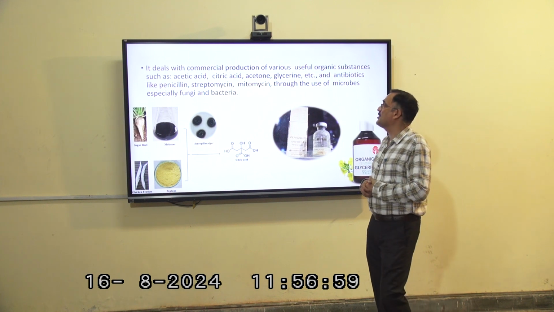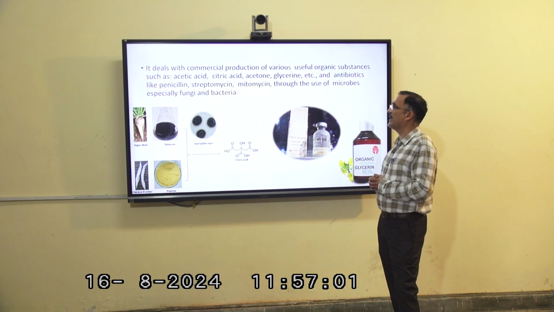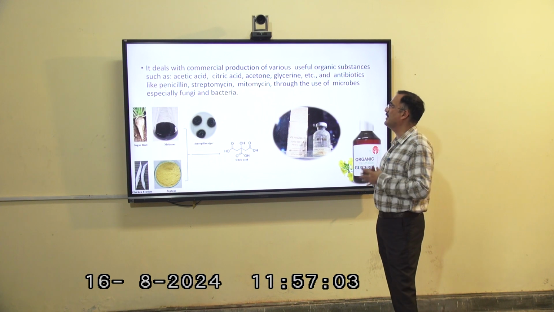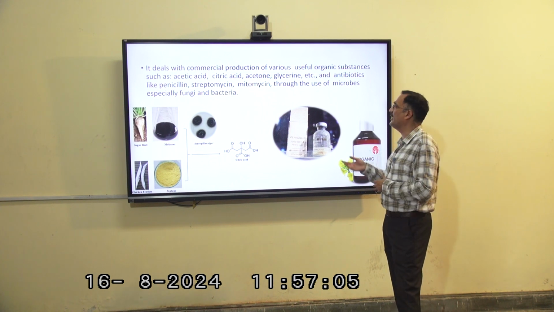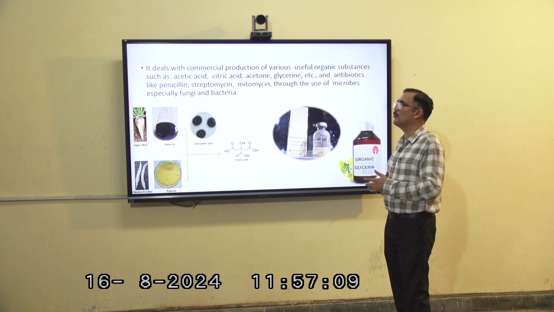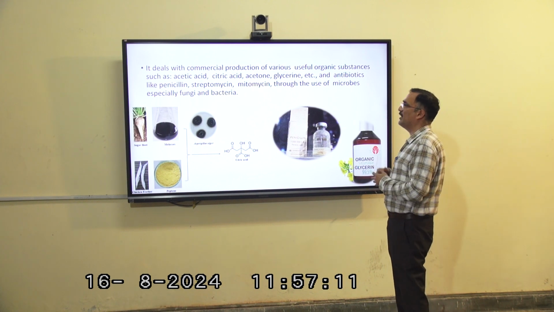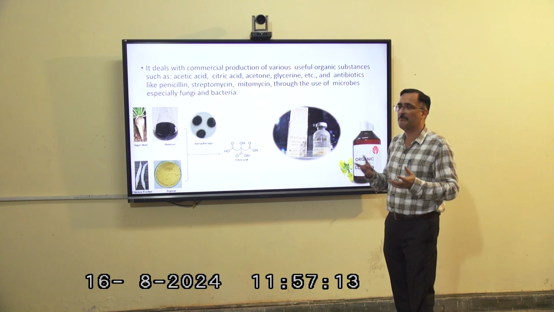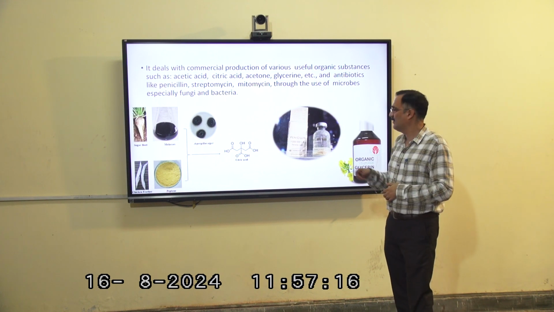It deals with the commercial production of various useful organic substances like citric acid, acetic acid, acetone, vinegar, glycerin, etc. Antibiotics like penicillin, streptomycin, mitomycin, through the use of certain microorganisms, maybe bacteria, maybe fungi.